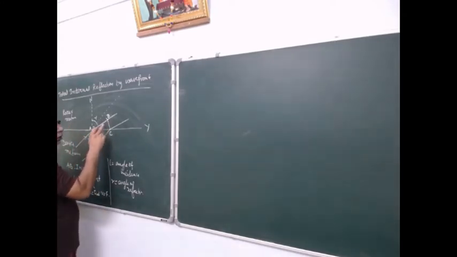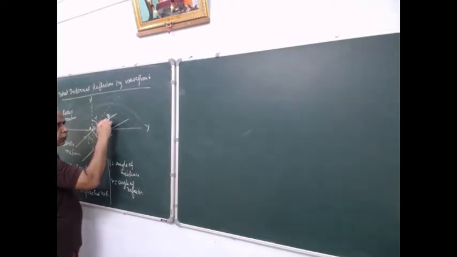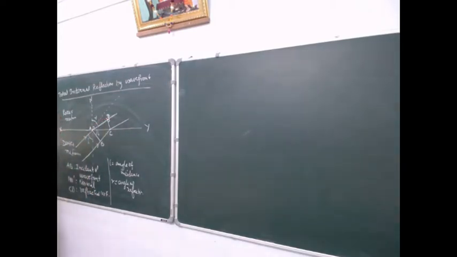You know very well this is perpendicular, so this is 90 degree. If this angle is R, this is also R. I hope everything is clear.